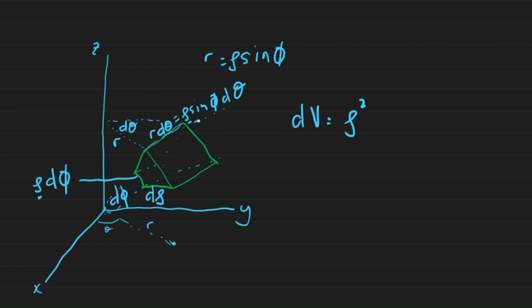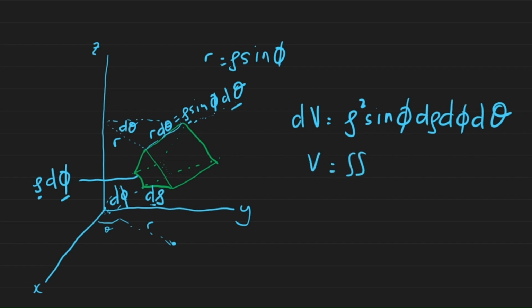Then we have this sine phi. And what's left is d rho, d phi, and d theta. So our volume is just the triple integral of this particular function. It's the triple integral across some region of rho squared sine phi d rho, d phi, d theta.